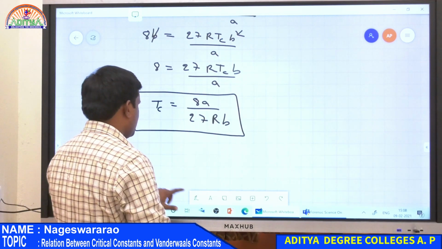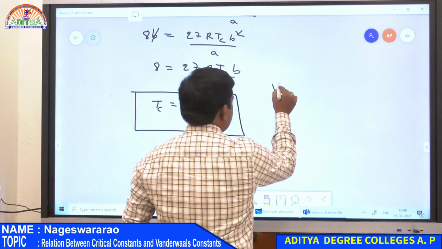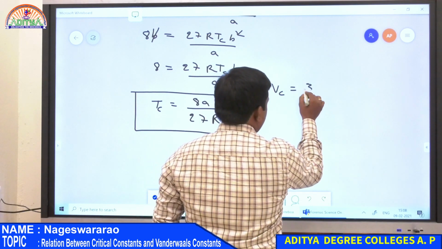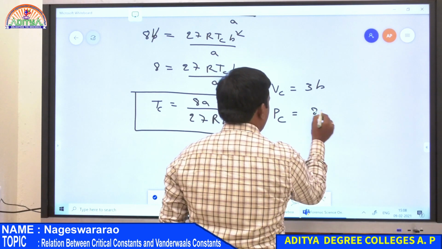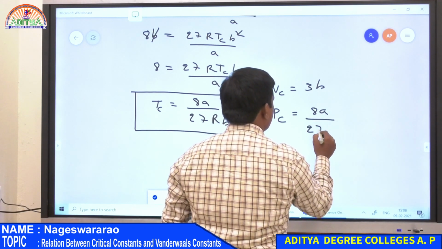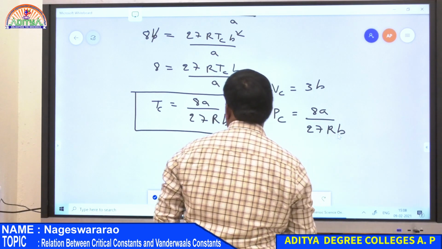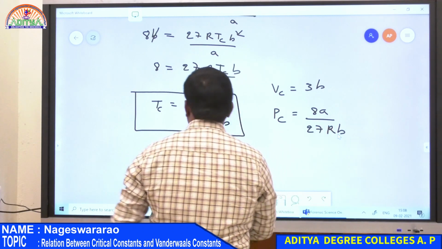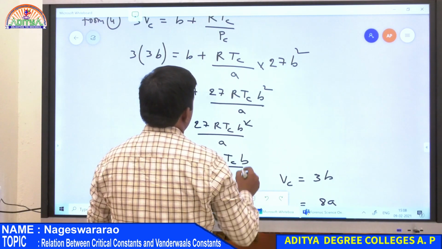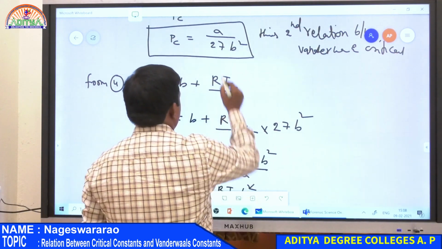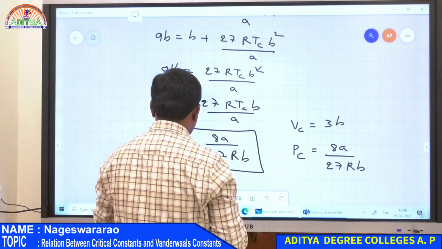First relation is VC. So what is the value of VC? VC is equal to 3B. And the second relation, TC, is equal to 8A by 27 RB. And finally, what is the PC value? So PC is equal to A by 27B square, right? A by 27B square.